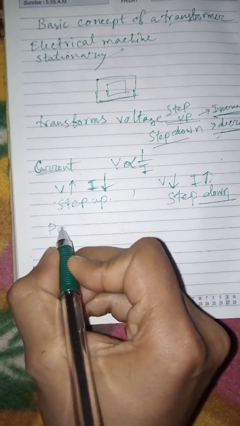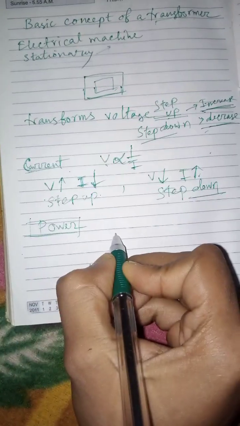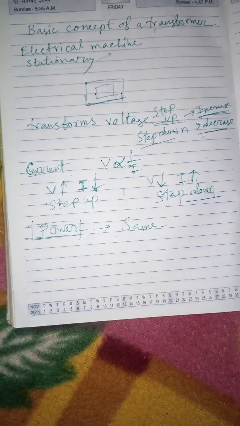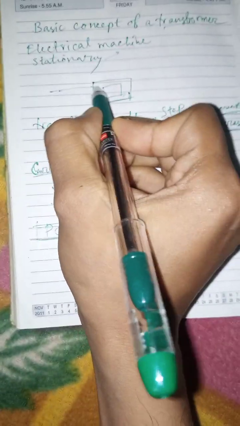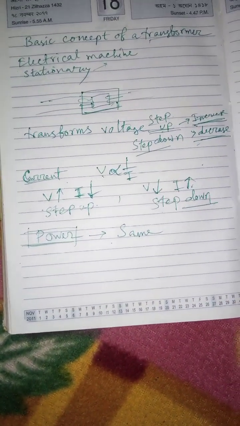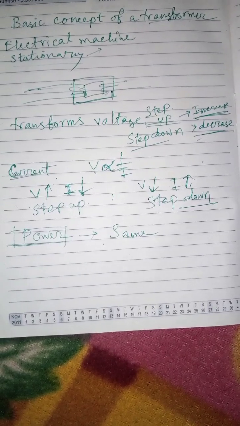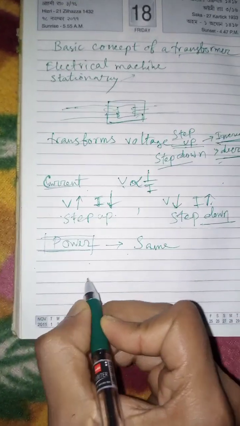So what about the power? Whether it will increase or decrease, power will remain the same. Not just in a transformer, any machine in the world will keep the power the same. So what is my point? Let's understand.